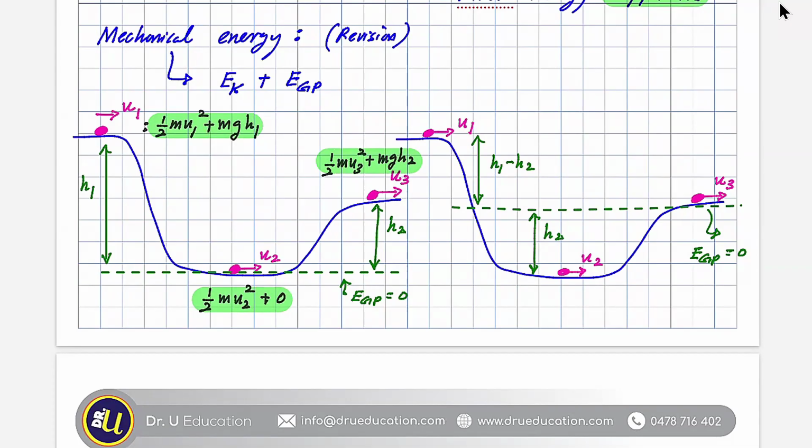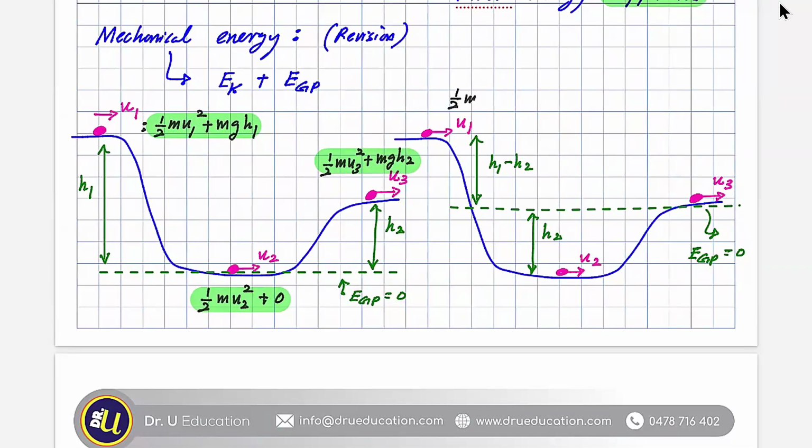Now, let's think about the second situation. Here, it's going to be half m u1 squared. Kinetic is fine. But your potential is now mg(h1 minus h2), isn't it? Right? So this one, half m u2 squared.